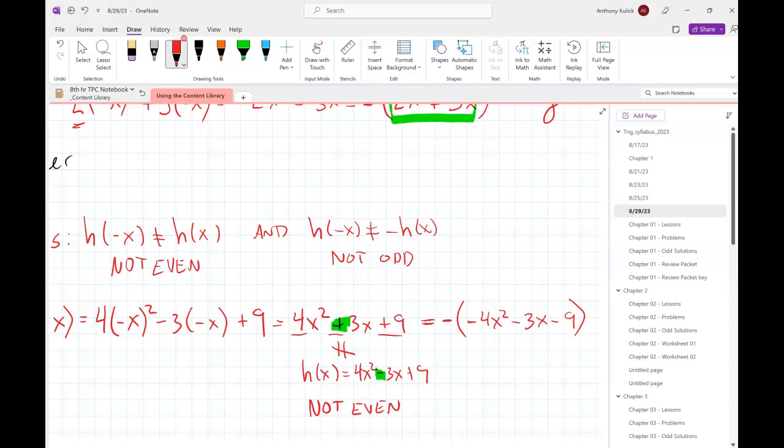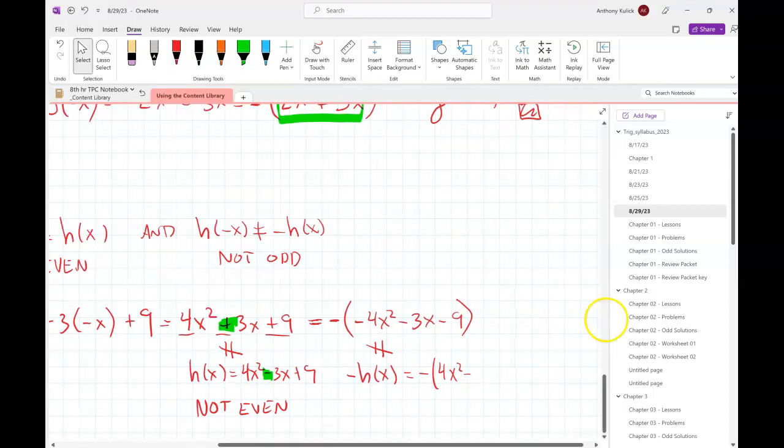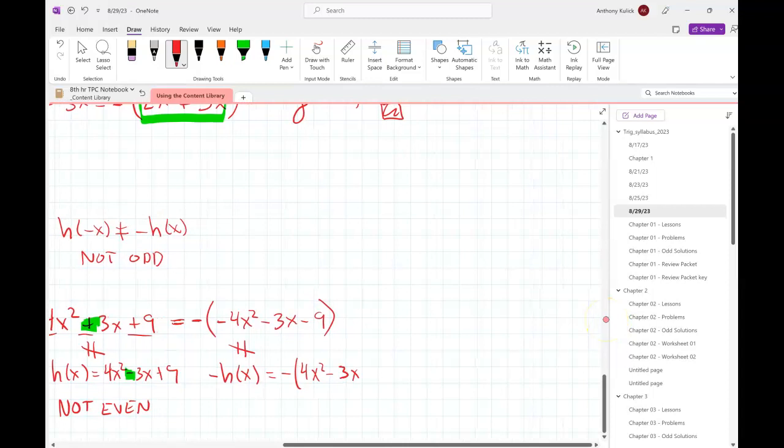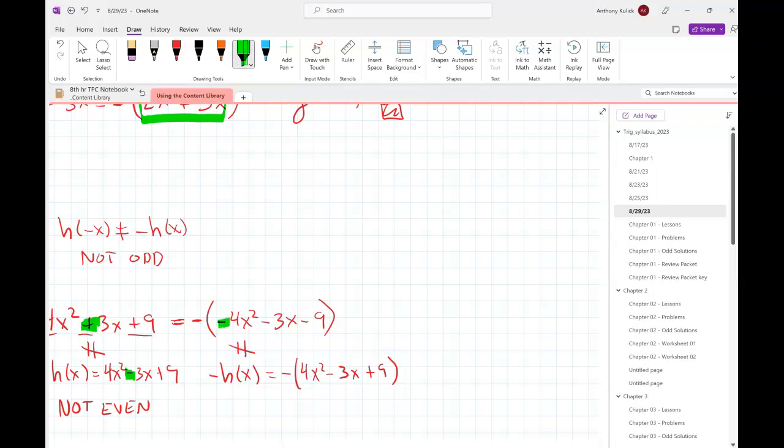And this is not equal to negative h of x, because that should be negative 4x squared minus 3x plus 9. What do I notice is different? The sign on the 4x squared and the sign on the 9 are different. Everybody agree?